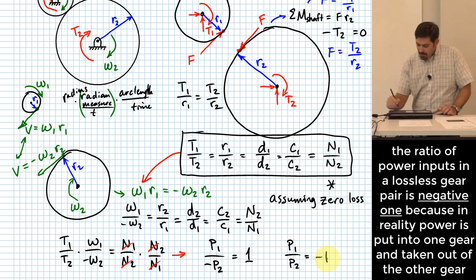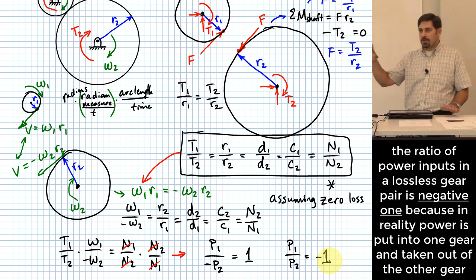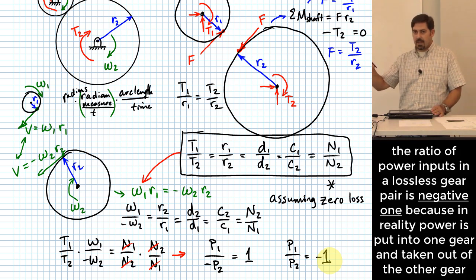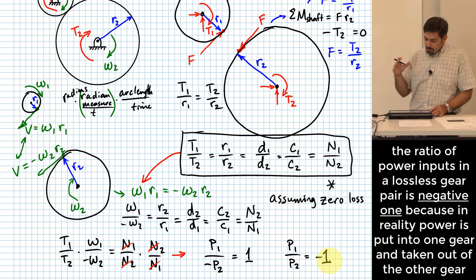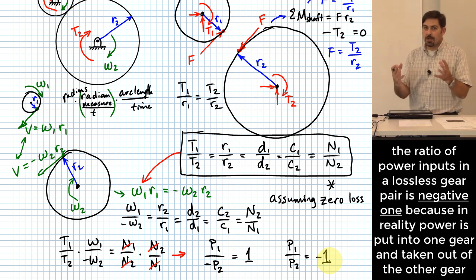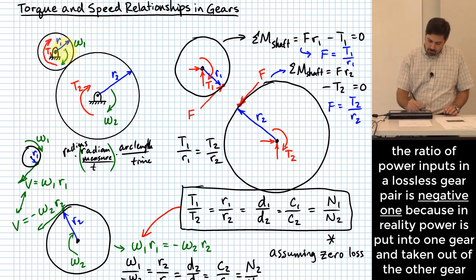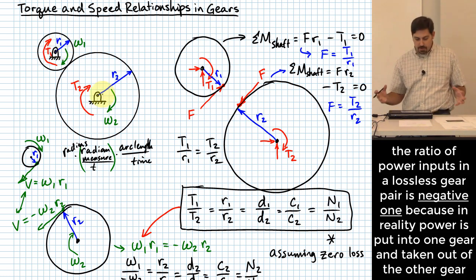Now the minus gets confusing for people, so let me explain it once, and then I'll probably ignore it from here on out. The minus is confusing because we assumed both of those torques were delivering energy into the system. If we assume that both torques are clockwise and both of the omegas are clockwise, then both of those are delivering energy into the system.